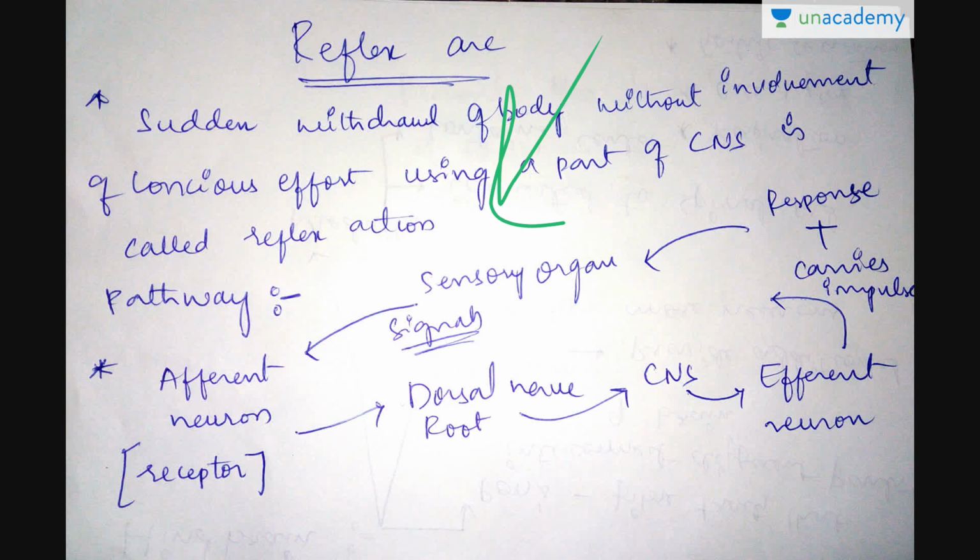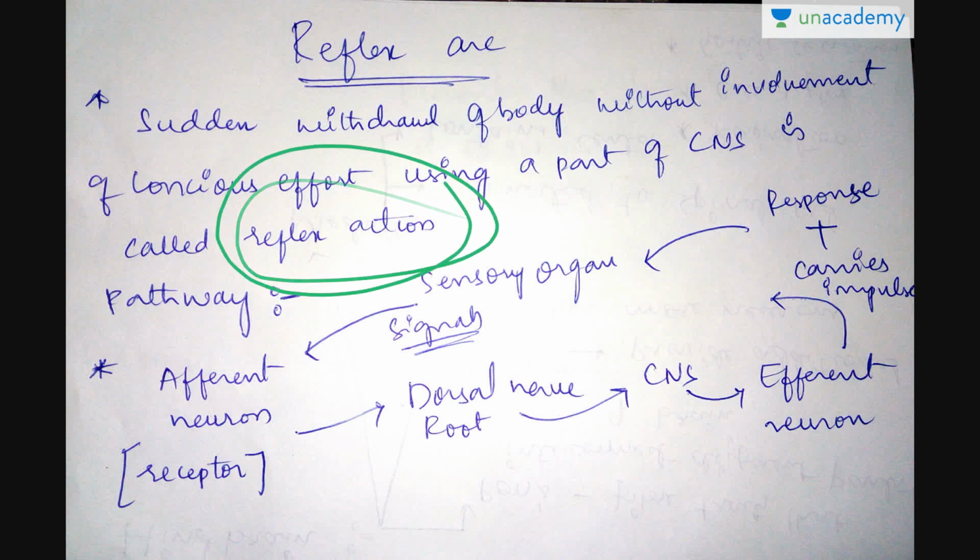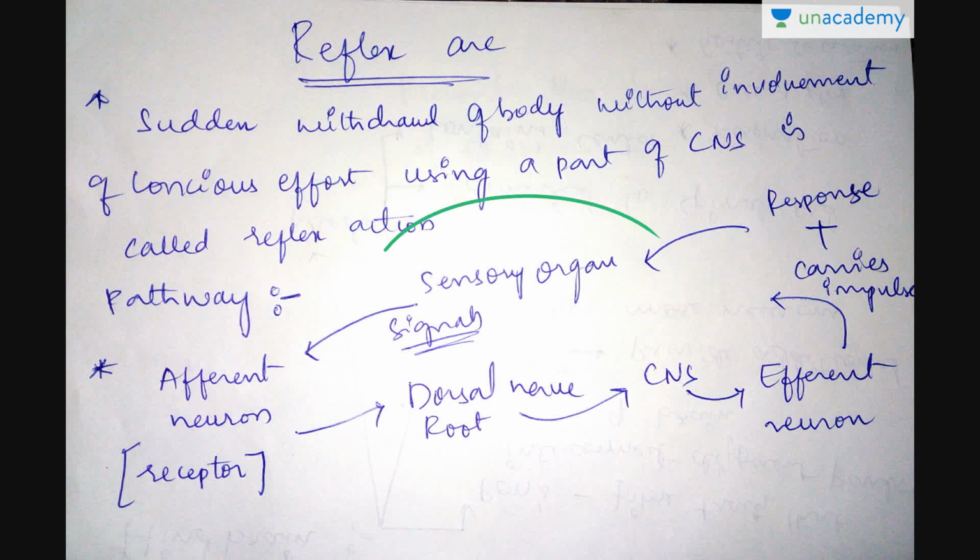Like when we touch hot objects, or when we touch a very cold object, in all such situations reflex actions take place. In this reflex action, the signals from the sensory organs are first carried by efferent neurons, which act as receptors, and through dorsal nerve root, these efferent neurons send the signals from sensory organs to the central nervous system.